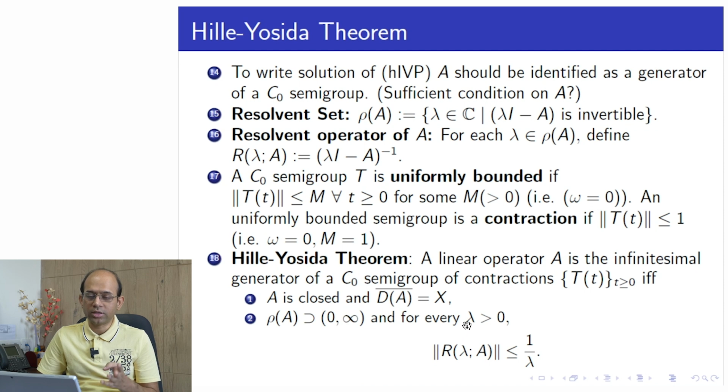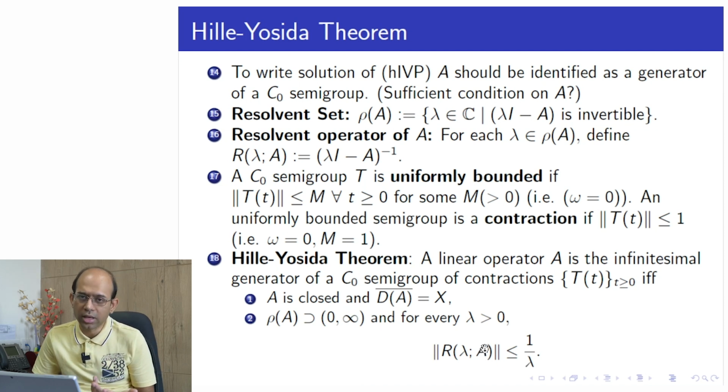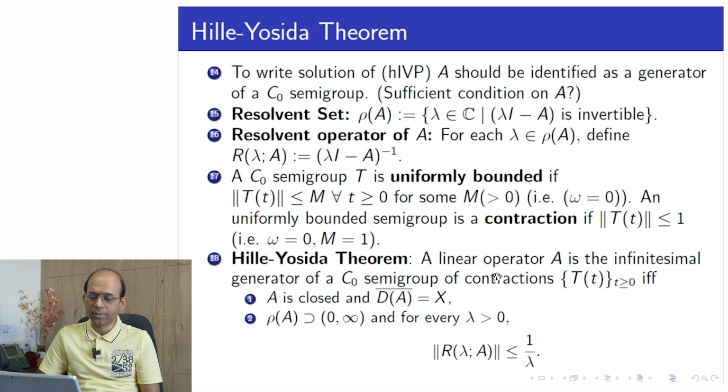We require furthermore one property, that the norm of the resolvent operator R lambda A is less than or equal to 1 over lambda. Or in other words, lambda times the resolvent operator is a contraction, correct? The norm of that is less than or equal to 1. So lambda times R lambda A is a contraction. Okay, so these are the conditions.